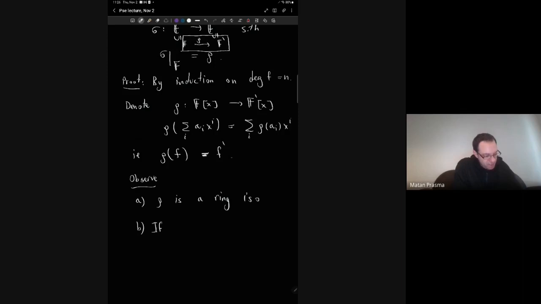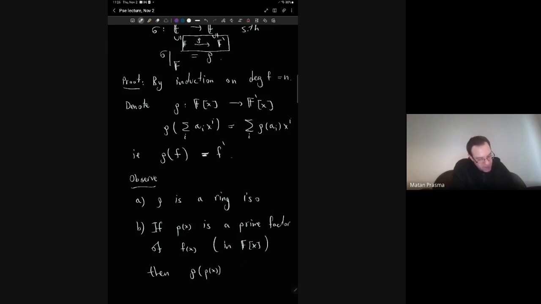I say that if p(x) is a prime factor of f(x), then when I apply rho on p(x), I get a prime factor of rho applied on f(x), which, as said, is f prime(x).